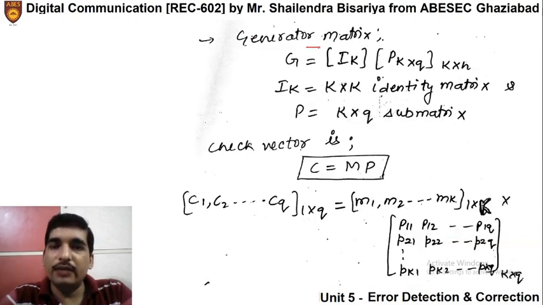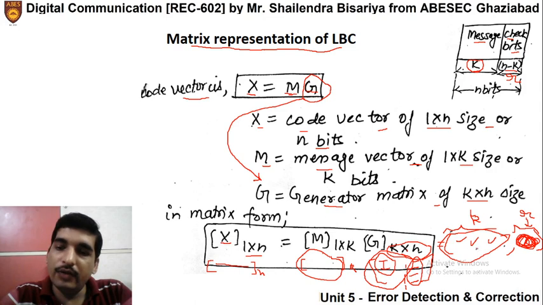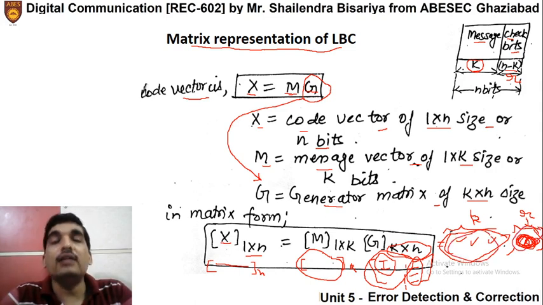Generator matrix, we have talked right now about the generator matrix. See the last slide here, generator matrix, I said that initially it is the identity matrix and then it is parity. Then only, when multiplied with the message, initially we will get the message and then the check bits.